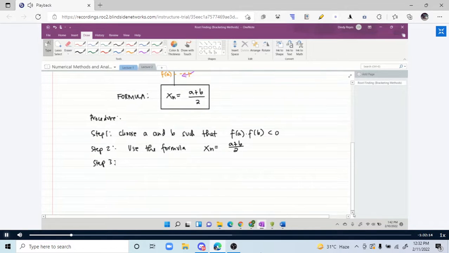Okay. If f of A times f of x sub n is less than 0, then we know that R is contained from A to x sub n. Therefore, set B equal to x sub n and go back to step 2.